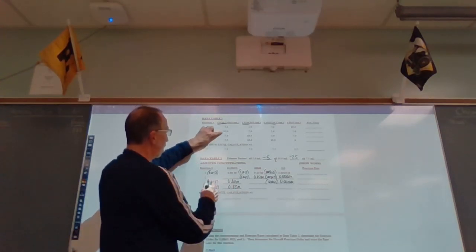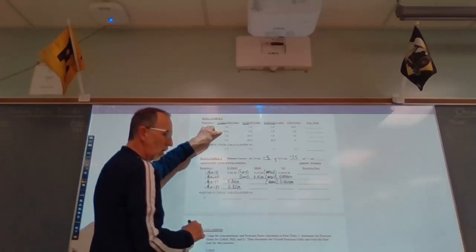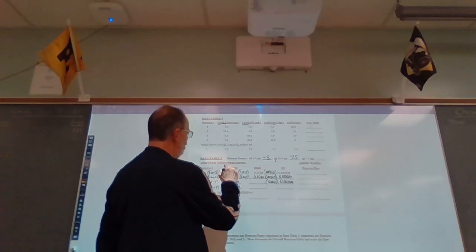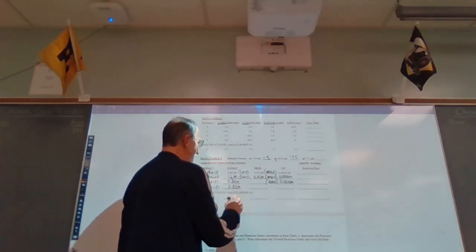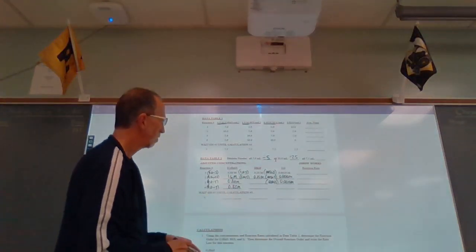So for this one here, we take our original concentration and divide it by 2.5, which gives us 1.6 molar here. These are all 2 sig figs, by the way, based on our concentration.